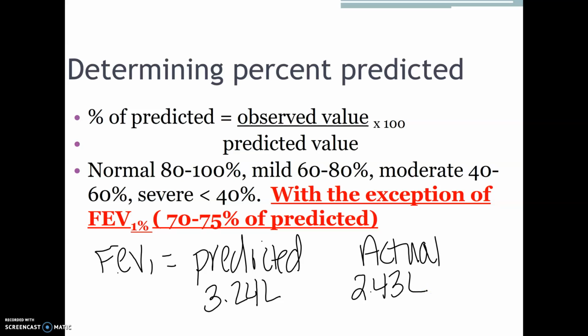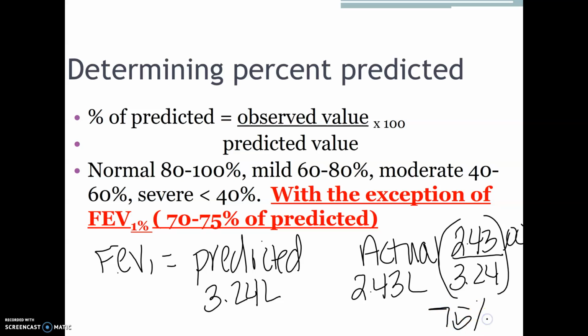So again, we're going to take our observed value of 2.43 liters, divide it by a predicted value of 3.24, multiply by 100 to put it in a percentage, and you get about 75% of predicted. So that would not fall within the normal range of 80 to 100% of predicted.